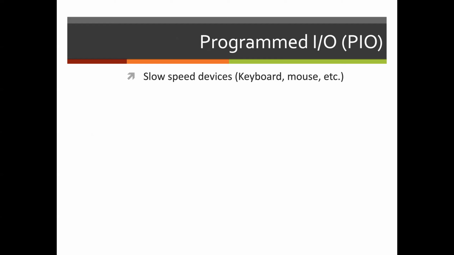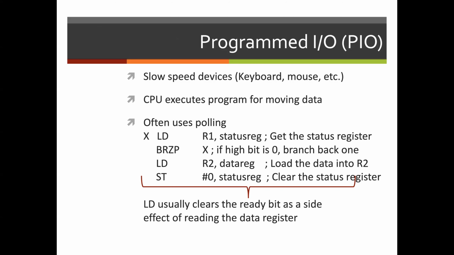So typically, keyboard, mouse, and other components might have slow device speeds. And so we'll have the CPU execute the program for moving the data as necessary. And this is often done using polling. And so if we have our appropriate load instructions, branches, and store instructions, usually the load will clear the ready bit as a side effect of reading the data register.